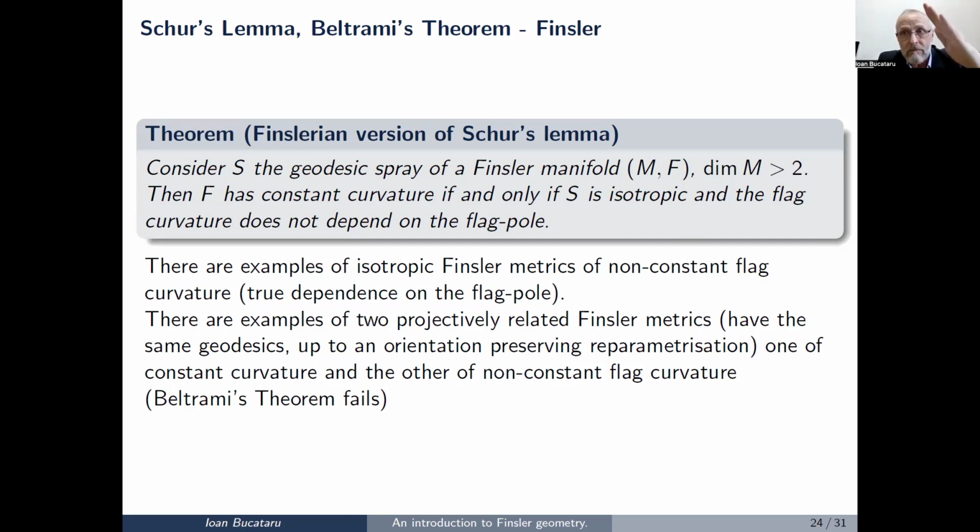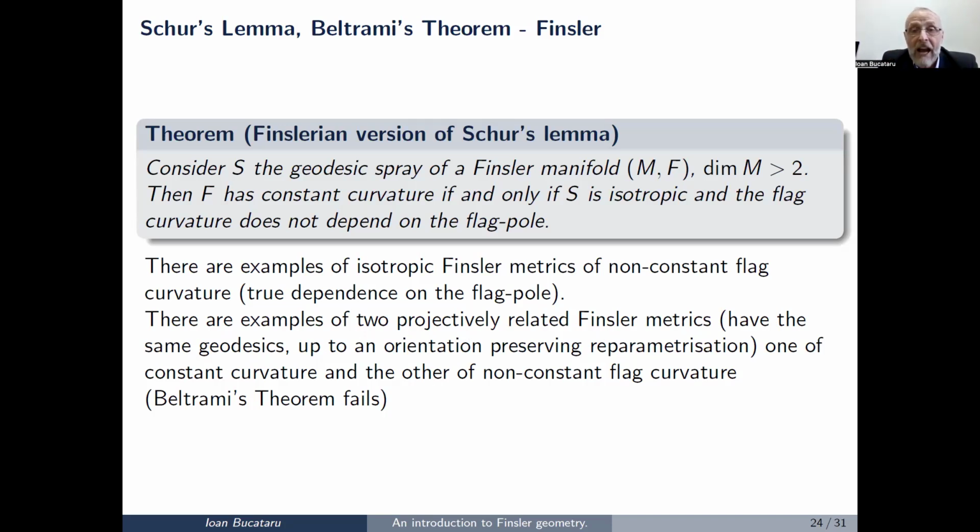So the isotropic condition itself is not enough to use Schur's lemma. And for the Beltrami theorem, there are examples of projectively related Finsler metrics that have the same geodesics, so by reparametrization you move from one to another, but one is of constant curvature and the other is not of constant curvature.